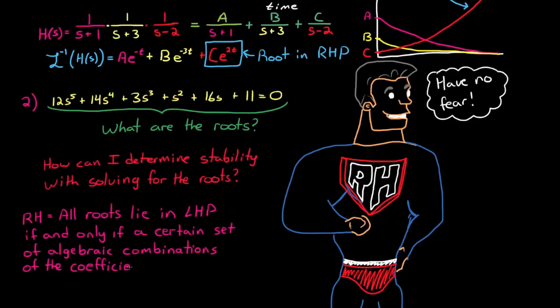And this statement, a certain set of algebraic combinations, is really just a cryptic way of saying that you perform the steps to fill out the Routh array. The great thing about the Routh array is that you don't have to actually solve for the roots of the characteristic equation. It allows you to assess stability just by looking at the coefficients of the polynomial.